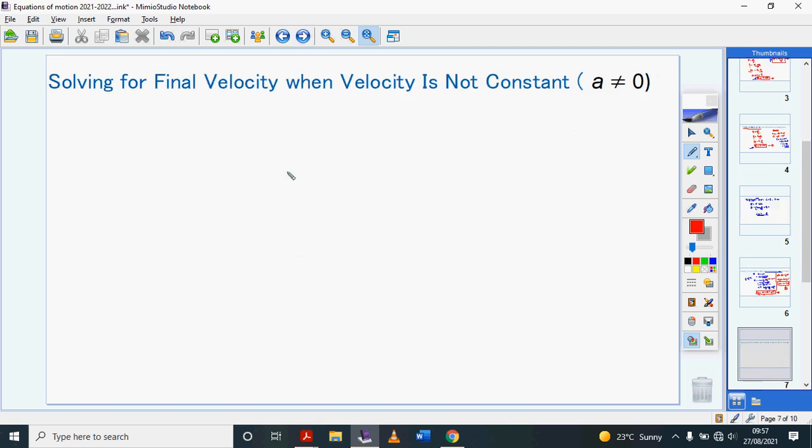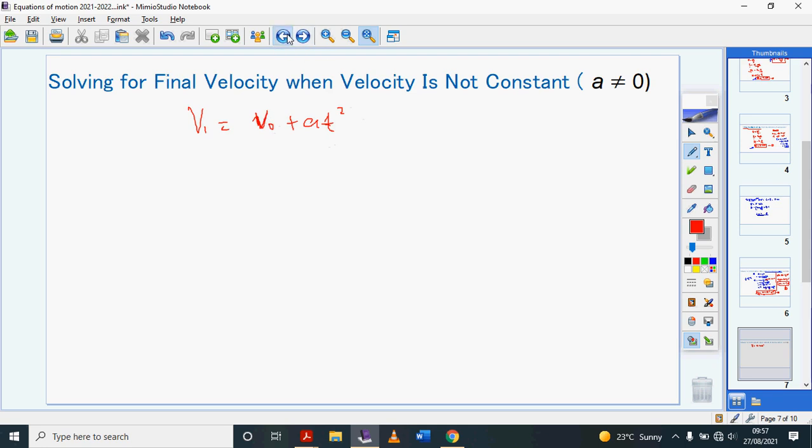All right, let's look at our last equation of motion. If I want to solve for final velocity when velocity is not constant, again I'm going to do some algebra, starting with v1 equals v0 plus acceleration times t. Now, what if I wanted to eliminate time? What we want to look for is a timeless equation.